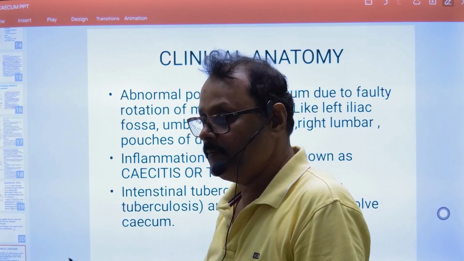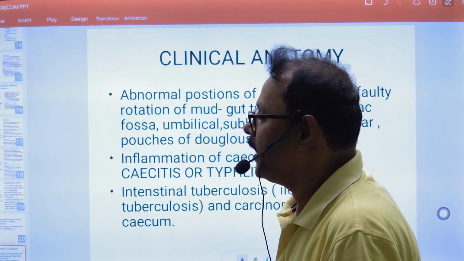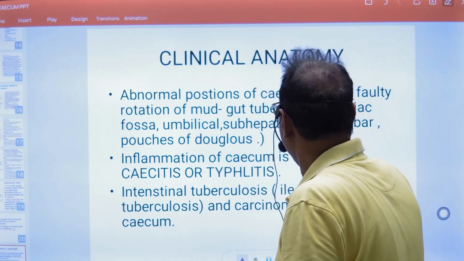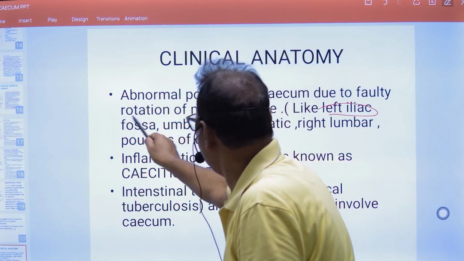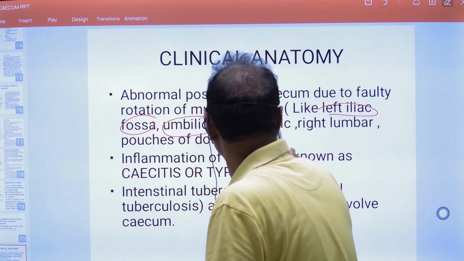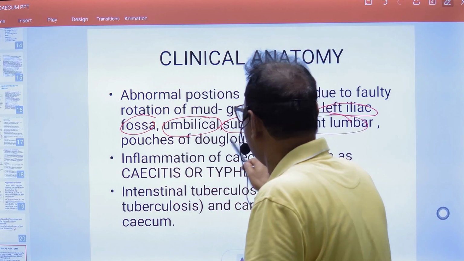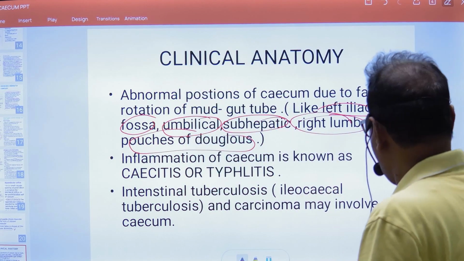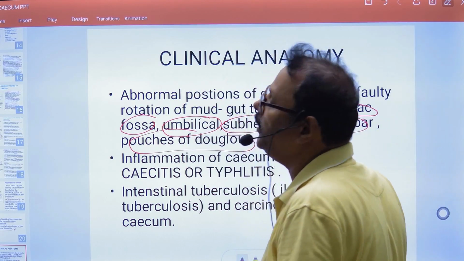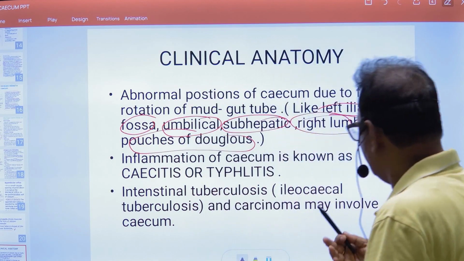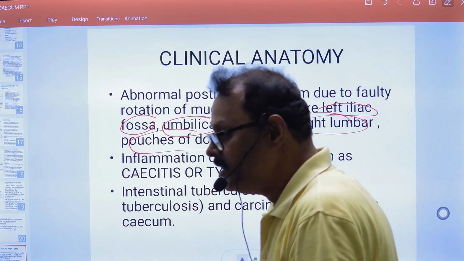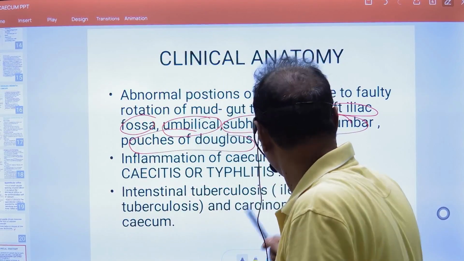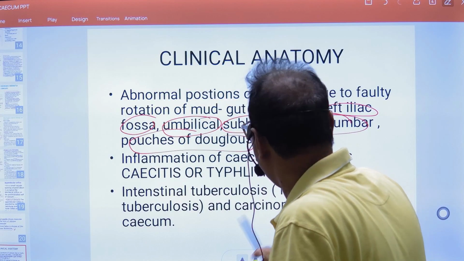But abnormally the cecum could be situated in the left iliac fossa, the umbilical region, subhepatic, the right lumbar region, and the pouch of Douglas also. This abnormal position of the cecum is due to faulty rotation of the midgut.